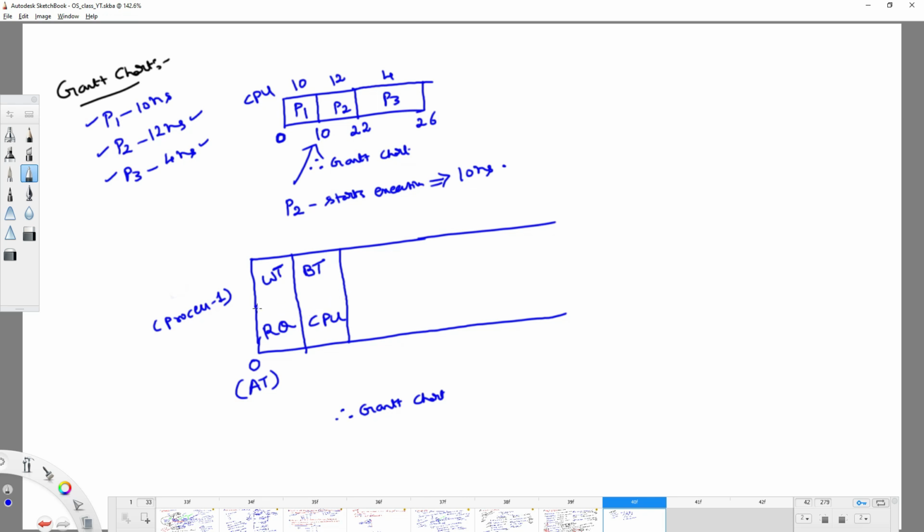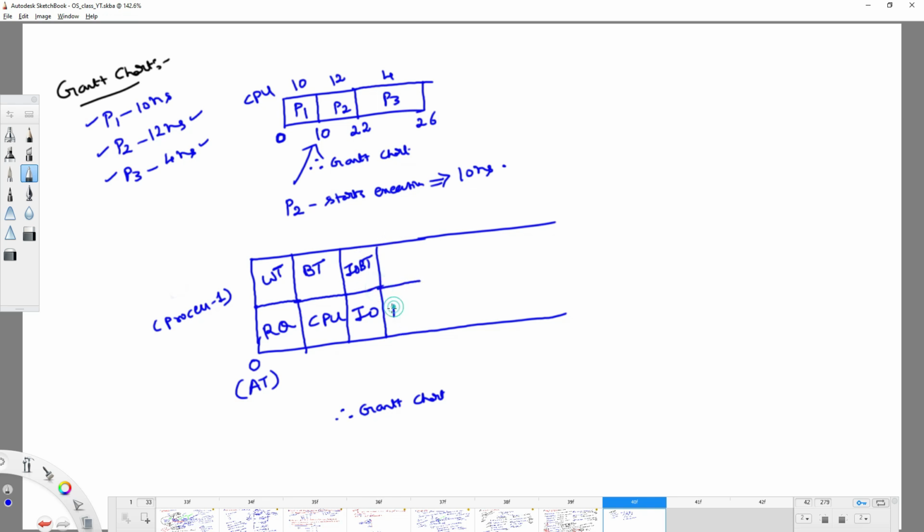As it is waiting, it comes under waiting time and it will be in the ready queue. Once it gets a chance, it will enter the CPU. That is what we call burst time. And there might be a chance to get an IO operation. Then when it gets an IO operation, I can call this the input output burst time, meaning it is going to come out of the CPU.